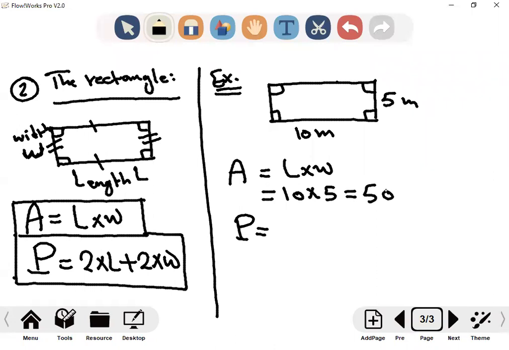What's the unit of the area? Meter. 50 meter squared. Meter squared. Don't forget that, guys. The area has squared units always.